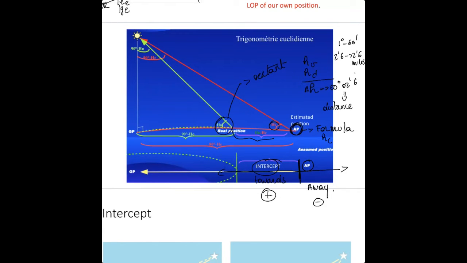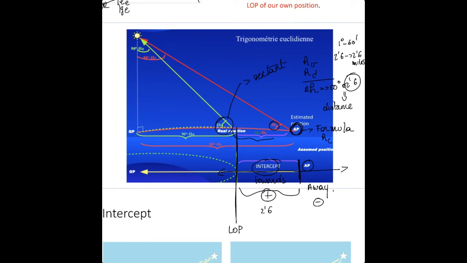And let's say in this case, we have an intercept of 2.6, which is positive. We mark a distance of 2.6. This is the distance. And then where we end up, we can draw our line of position. This is the line of position.